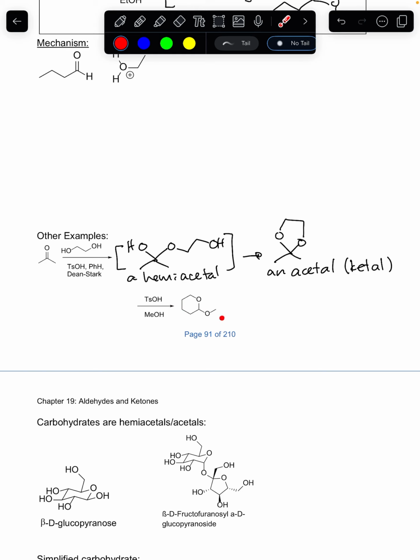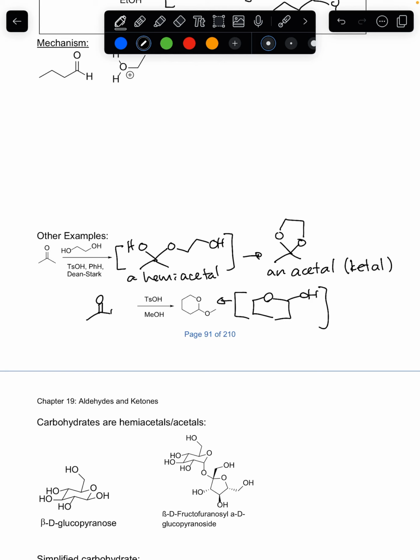Hopefully it makes sense to you that this methoxy group would have come from the methanol, and remember that's tosic acid. Hopefully you can still draw the structure for that. The hemiacetal that would have formed on its way, the intermediate, would have looked like that, okay?